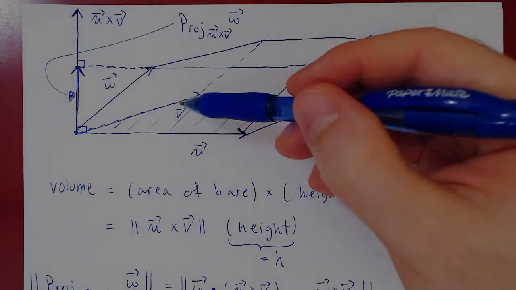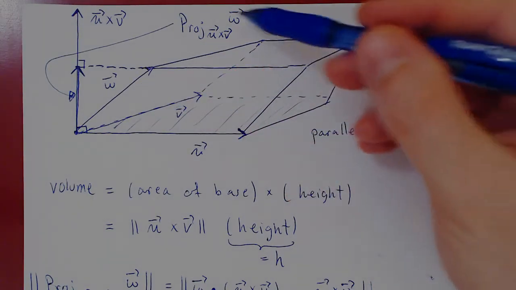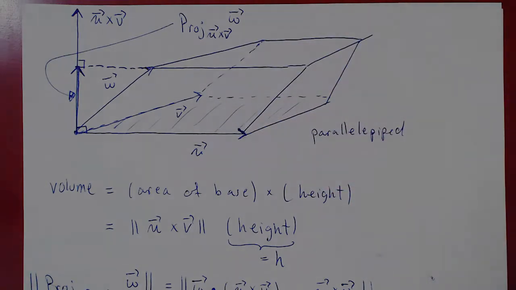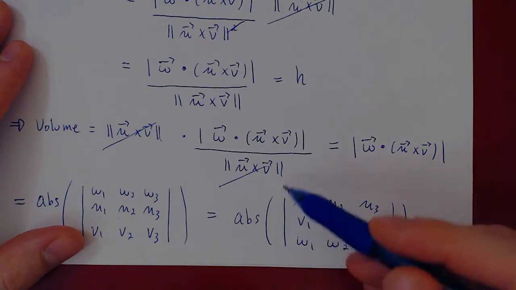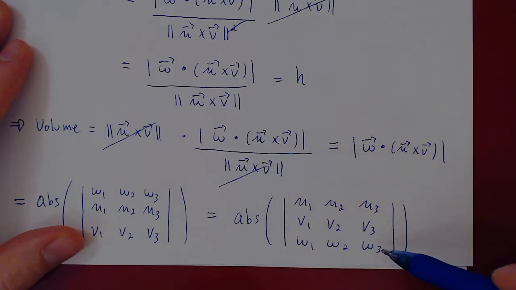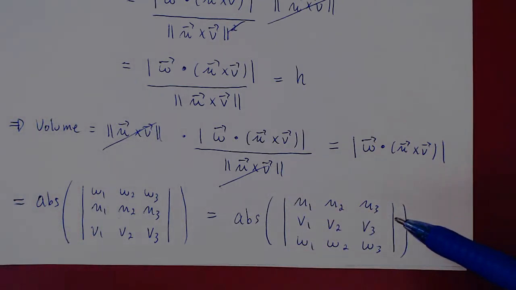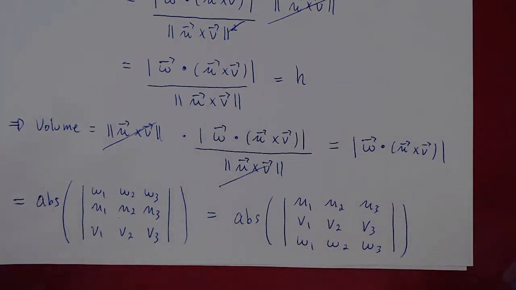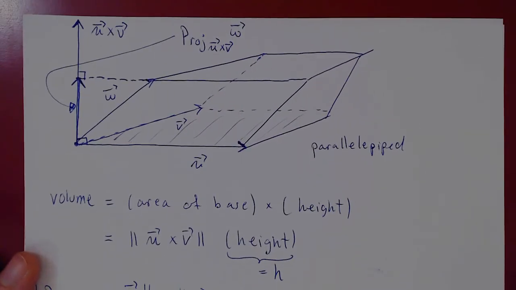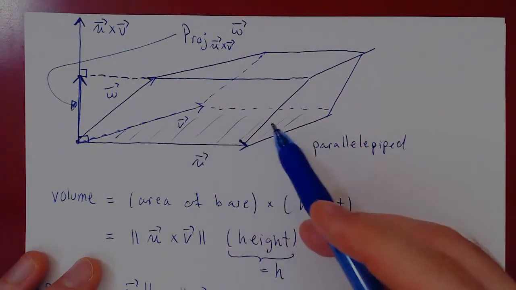So the three vectors will be on the same plane if the volume of the solid is 0, but the volume of the solid is an absolute value, the determinant of this matrix. So if you have three vectors in R3 and you want to figure out whether or not they are lying on the same plane, find this determinant. If the value is positive, you have positive volume, hence you do have a solid, hence they are not lying on the same plane.